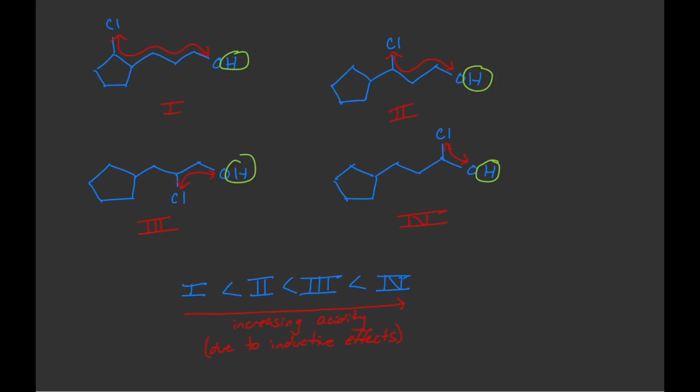Okay, now that we have looked at the inductive effects, we'll go back slightly to the atomic size, but then we're also going to look at the electronegativity of the atom.